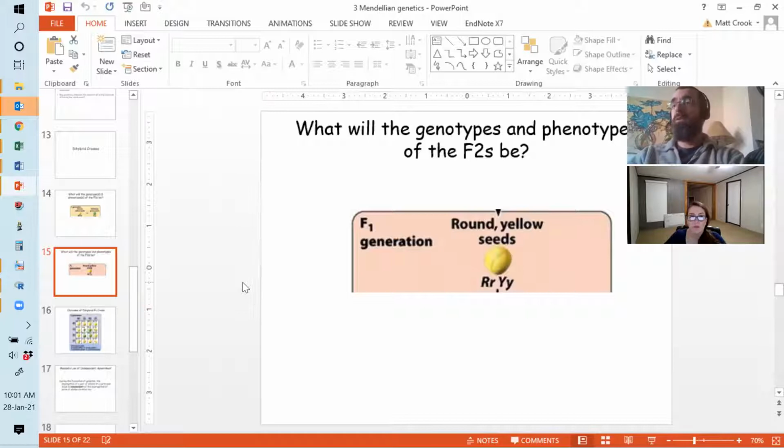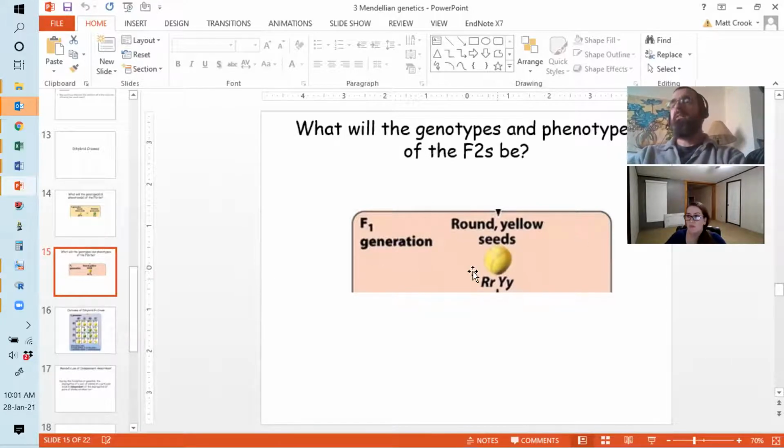If you were to do a back cross, like we'll be doing in the genetics lab with our little yellow and white-eyed flies, that is very different. That is not a dihybrid cross, even though we're dealing with two genes and each has two different phenotypes, right? It's not a dihybrid cross.